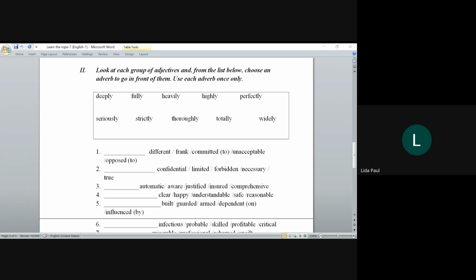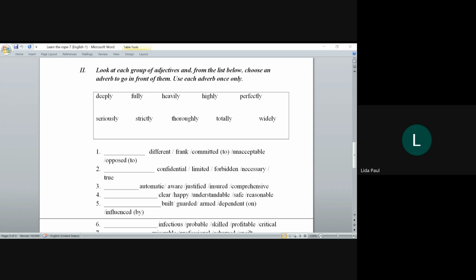There'll be at least one combination which is not commonly used, and that is where we know this is not a collocation. Can you say highly different? The first word itself is a little problematic for highly. We don't say highly different, but we can say totally different. So between highly and totally, I'm going to choose totally.